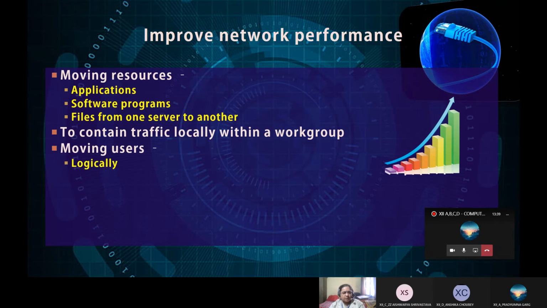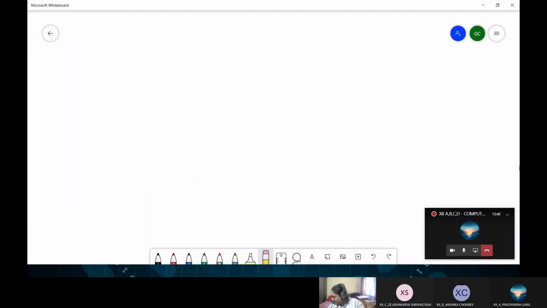Moving users logically or physically. It usually happens that there are computers placed at arbitrary locations.